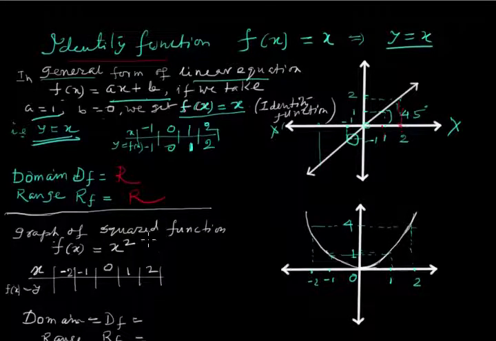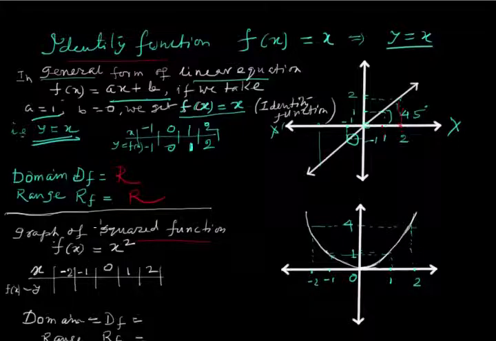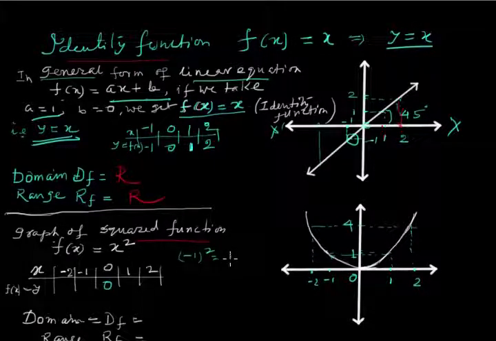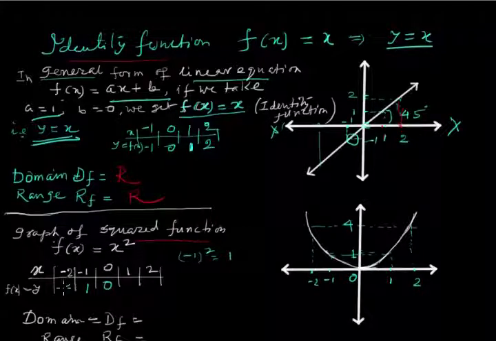Now we are going to graph the squared function. Here we take the function f(x) = x square. If you put x equal to 0, it is 0. If you put x equal to -1, (-1) whole square is 1. If you put -2, it becomes 4.